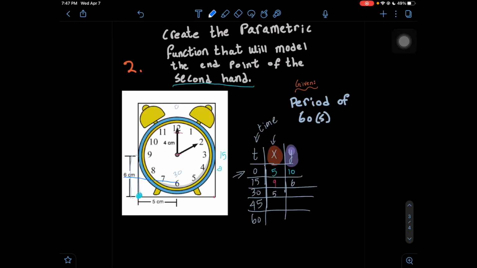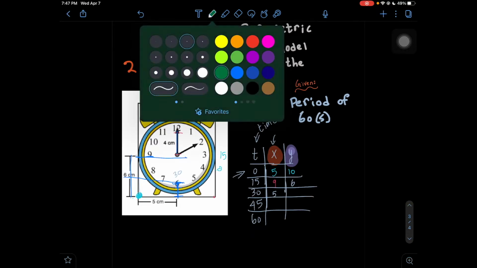Well, we know that half of the circle, or half of the clock, is 6 centimeters up. But we also know the length of this is 4 centimeters. And if we find the difference, we will get that difference where we stand, which is about right here. So if we go up 6, we're going to be right here, and then we subtract our 4.